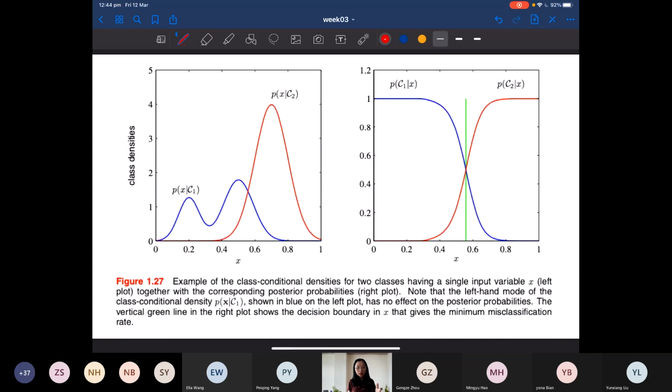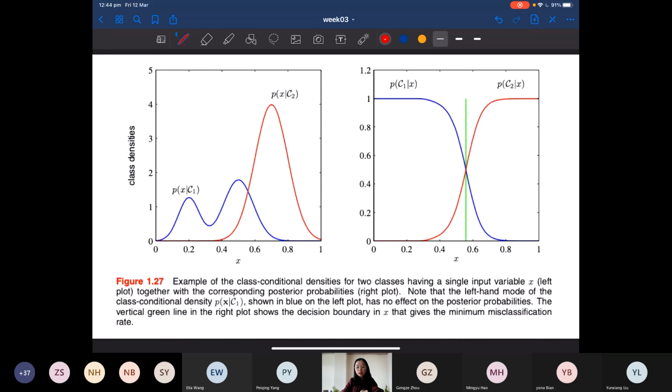If we estimate the class conditional data distribution, we need more data and statistical power, loosely speaking, to estimate this 2-mode distribution and the red 1-mode distribution.